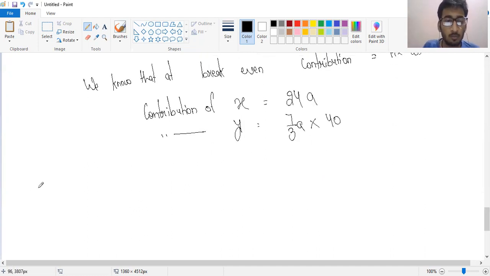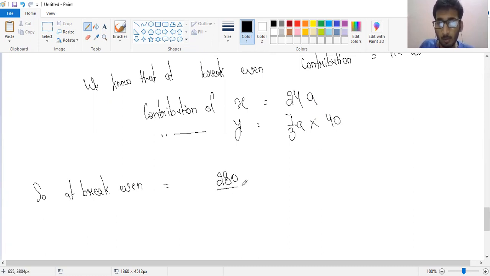So at break even, what can we say? Just solve this. 4280 upon 3A plus 24A is equal to the fixed cost. Fixed cost is 666,600. Okay, now solve this.